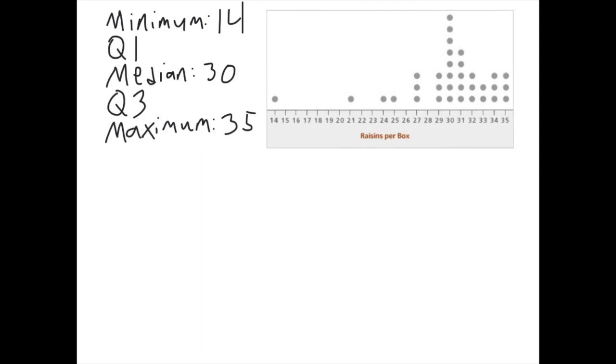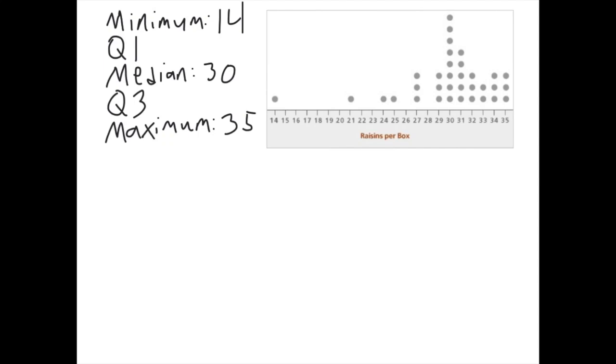Now to find Q1. So after you find the middle dot, which in this case there was no middle dot, but whether there is or not, all of the dots before the middle dot, you now have to find the median of those.